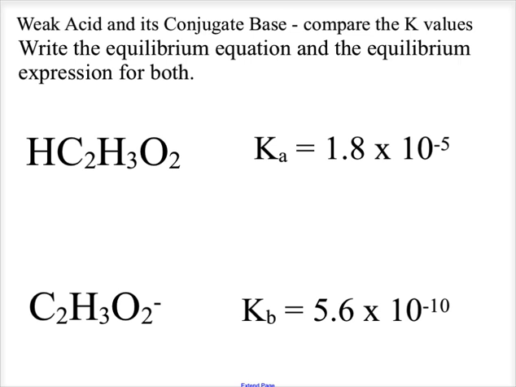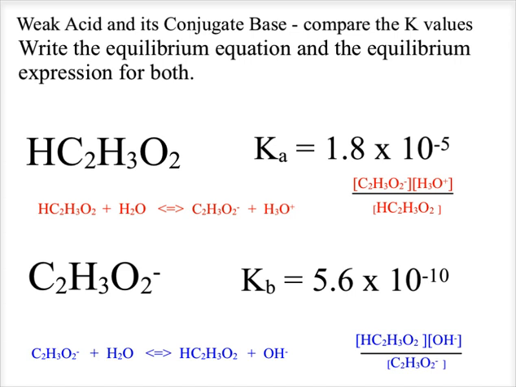So take a moment and write an equation that has acetic acid plus water on the reactant side. Write a similar equation using the acetate ion and water on the reactant side, writing the equilibrium constant expression for both the Ka for acetic acid and also the Kb. Pause the podcast and return in just a moment.